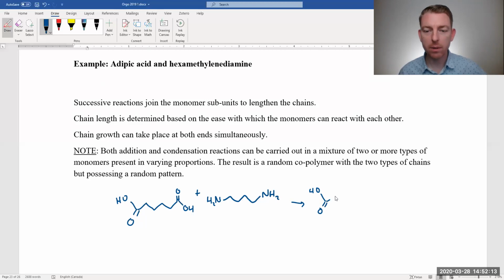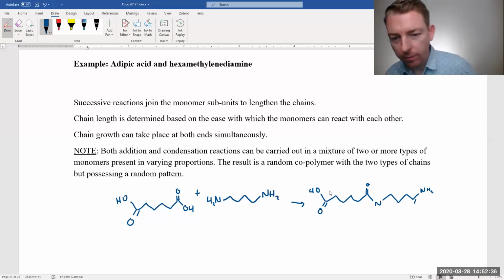Okay, so 1, 2, 3, 4, 5, 6. And this is going to join directly now into the nitrogen right here. We have 1, 2, 3, 4, and back into a nitrogen. So 1, 2, 3, 4. Yep, into a nitrogen up here. H2.